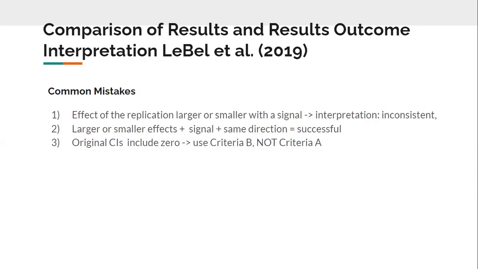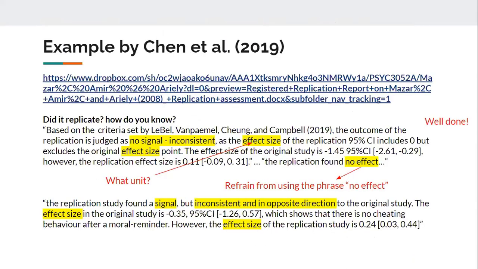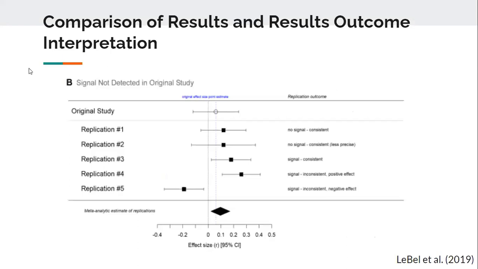Also, if the original CIs include 0, please use criteria B, but not criteria A. This is a common mistake that I actually made before too. So if the original CIs include 0, we should use B instead of A.